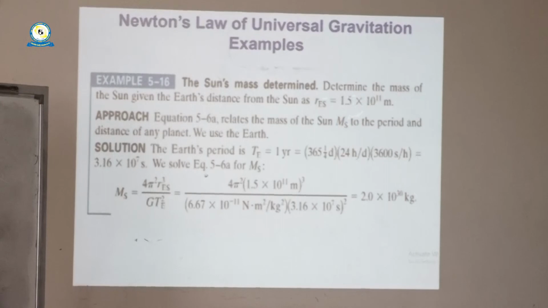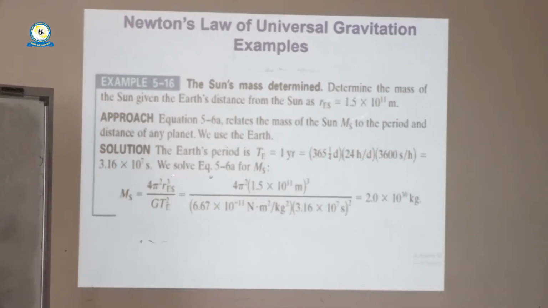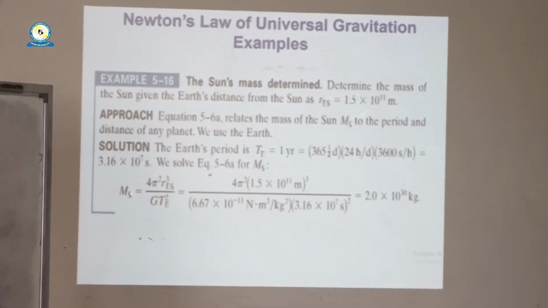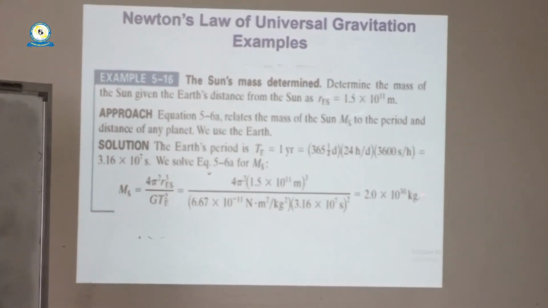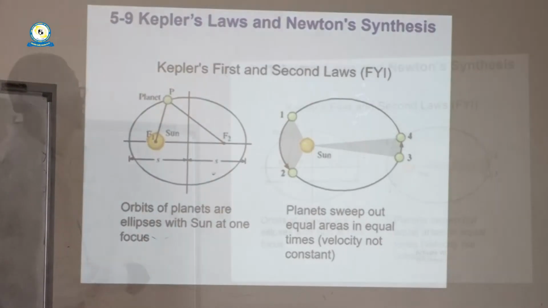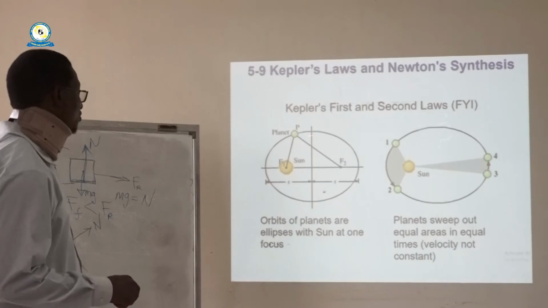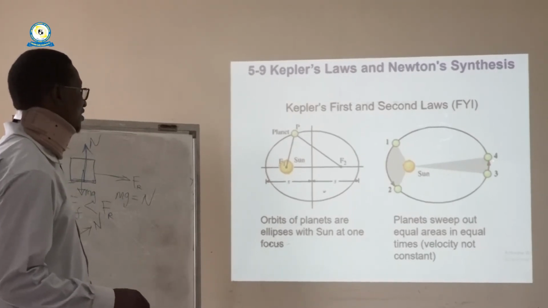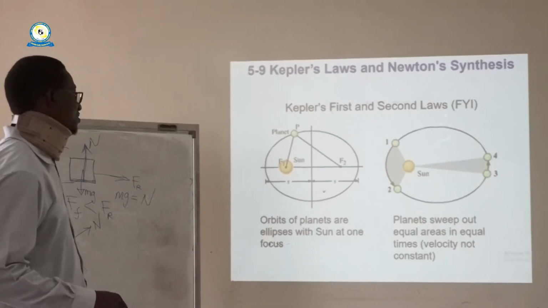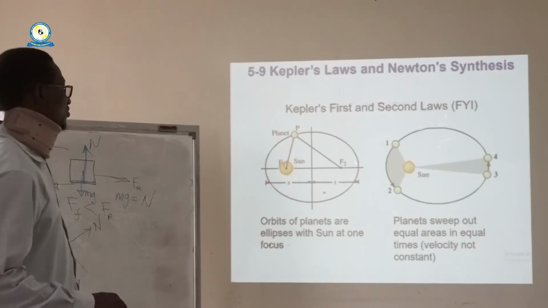We know the period. This one you calculate the period in days. Use it like before to get the mass of the Sun. You substitute in the formula, you get everything. Easy. Kepler's first and second laws: you have to know how to draw these drawings. Sun, Earth, we use the Earth as reference or other planets.